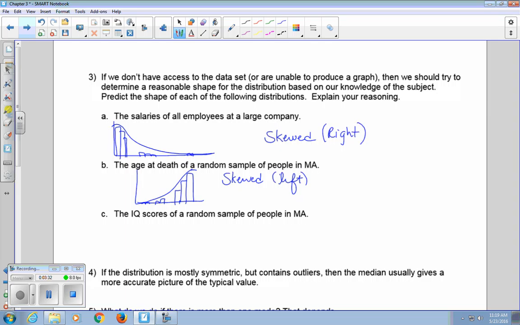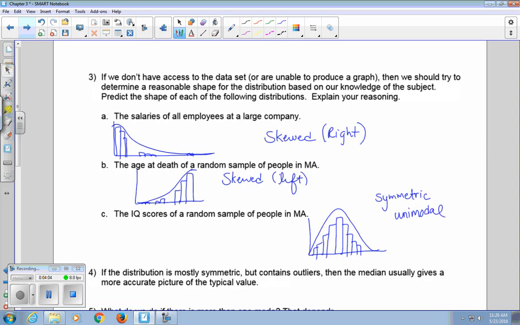And the IQ scores of a random sample of people in Massachusetts. In general, this would be a data set that we'd expect to be pretty symmetric. It would look like this, symmetric and unimodal, meaning only one mode.